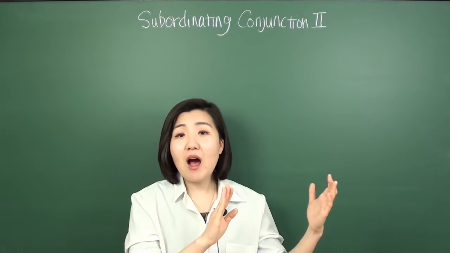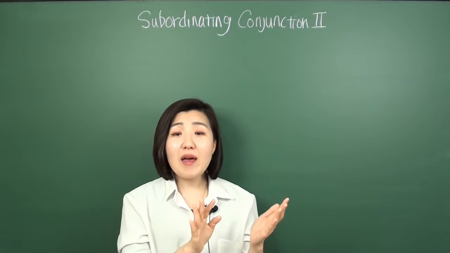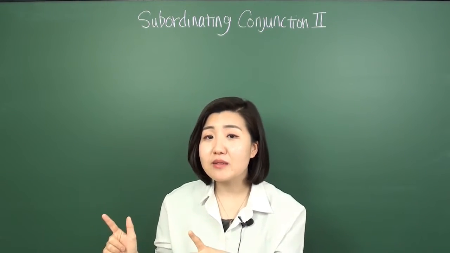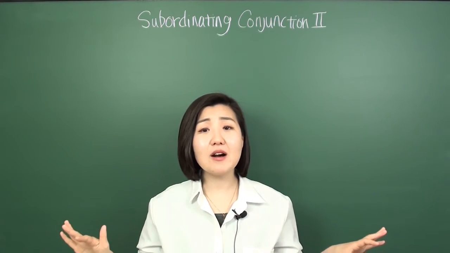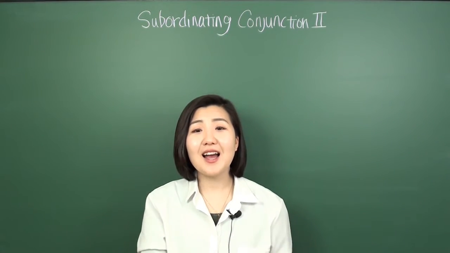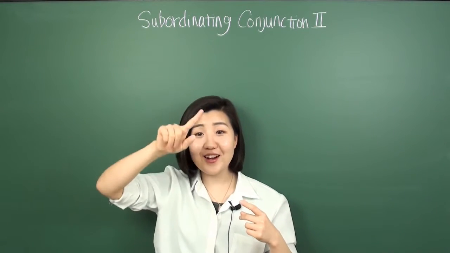The main clause, the independent clause, can stand by itself. However, this dependent clause, this subordinate clause, can it just stand by itself? No, it must be attached to a main clause, right? Okay, so this is the subordinating conjunction that we learn.